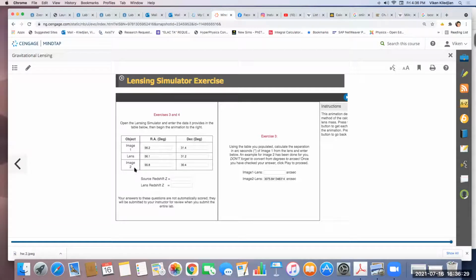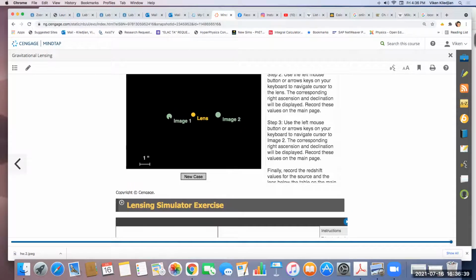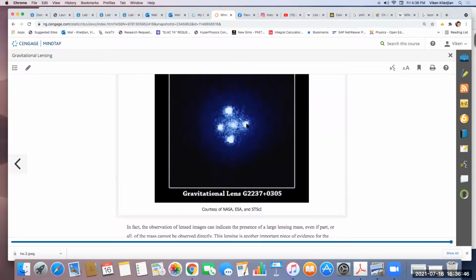So you're always calculating the distance from here to here, and then from here to here. That's the thing. You're always comparing the image 1. In other words, you're comparing how far away this guy is from here, and how far this guy is away from here. So going back to this picture, you're comparing this to this, and then this to this. You see how off-center this is? Like that. So it's like this to this, and then here to here, like that.